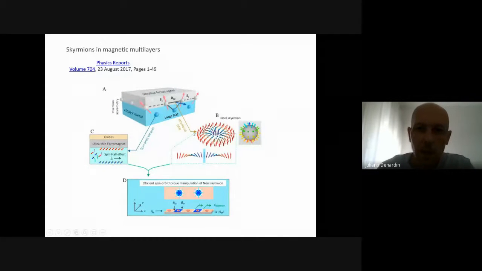Okay, a skyrmion originates, especially in multilayers, in magnetic thin films, from the interface of a magnetic material with a heavy metal that has a large spin orbit coupling.